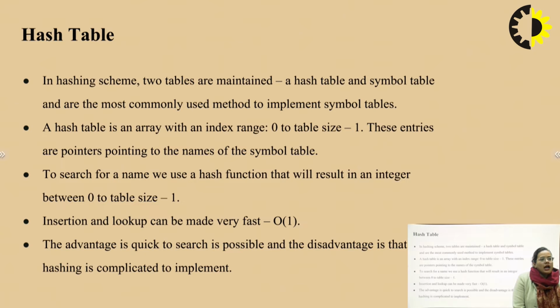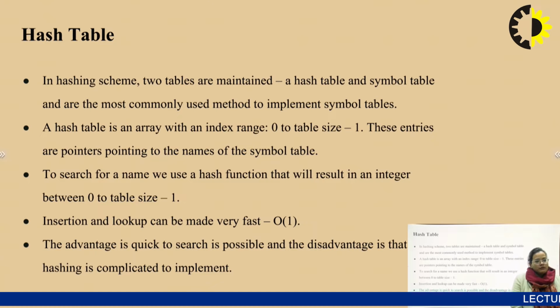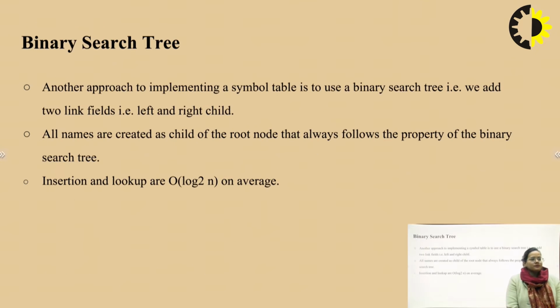These entries are pointers to the names in the symbol table. To search for a name, we use a hash function that results in an integer between 0 and table size minus 1. Insertion and lookup can be made very easily, that is, the order of complexity is O(1). The advantage is that quick search is possible, and the disadvantage is that hashing is complicated to implement.